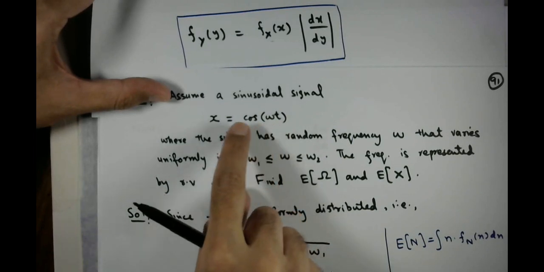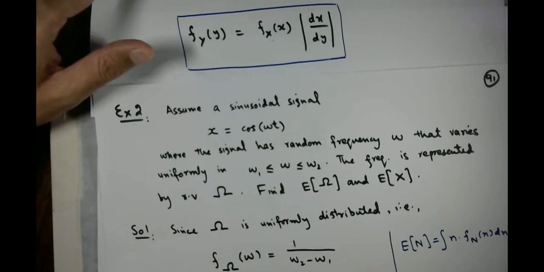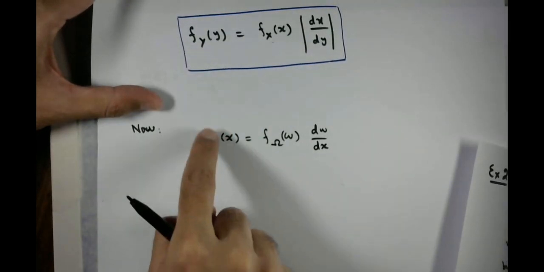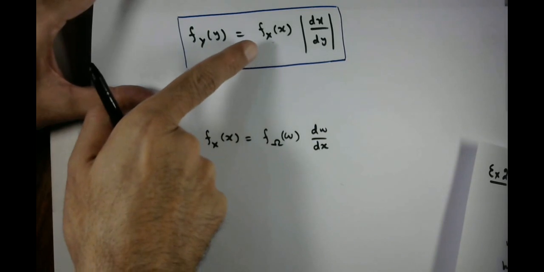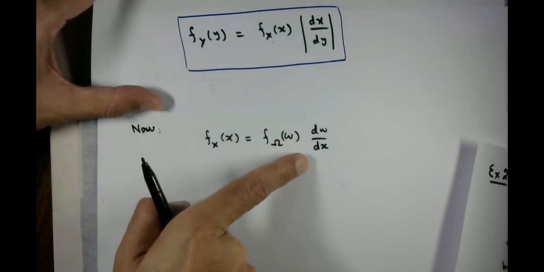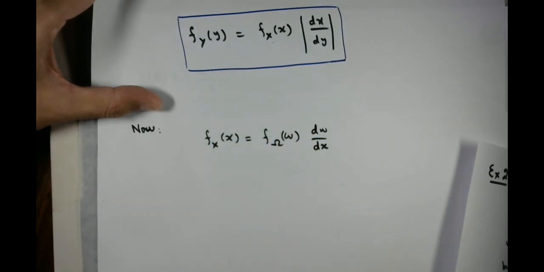So omega is your source and x is your target. So the distribution of the target is the distribution of the source times d source by d target.